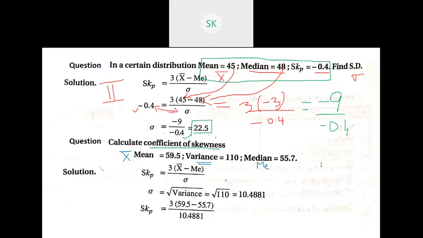Leave your answers in chat. Which formula are we supposed to use since median is given? Type your answers in the chat. Quickly. Should we use first formula or the second formula?